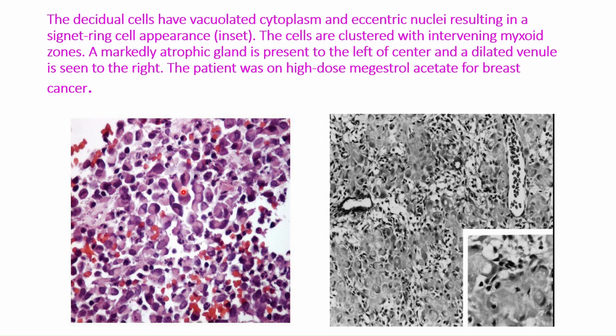Again, abundant eosinophilic cytoplasm, peripherally pushed nucleus, and here dilated vessels, atrophic gland, and decidualized cells showing vacuolization. So this is an effect of high-dose megestrol acetate for breast carcinoma.